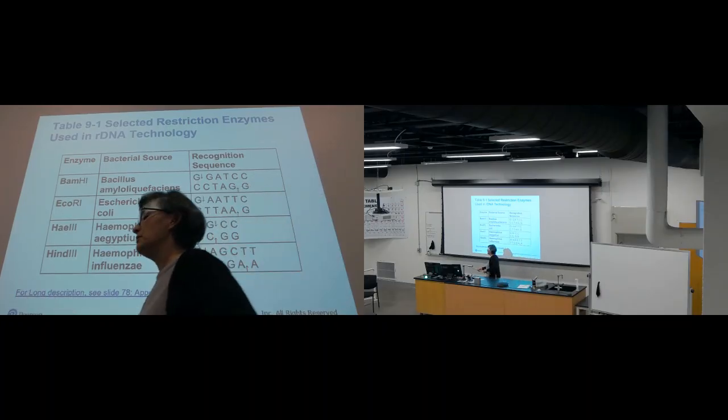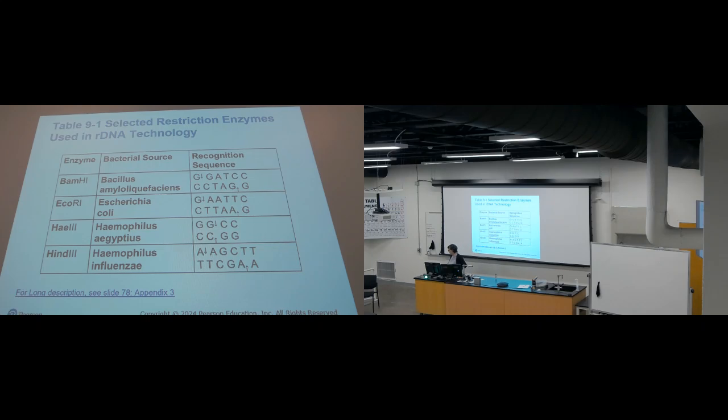And again, you will have a selection of restriction enzymes based on the sequences in your host DNA and your vector. And there are programs that, once you put this information into them, will tell you which of these enzymes you can use.